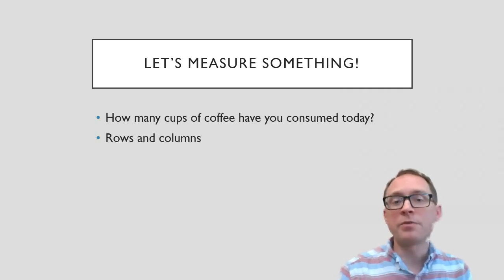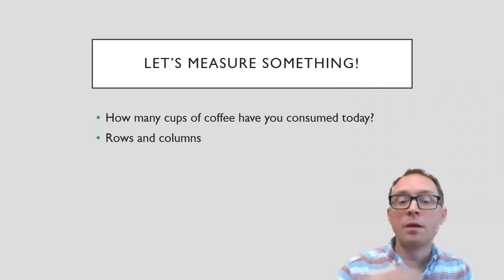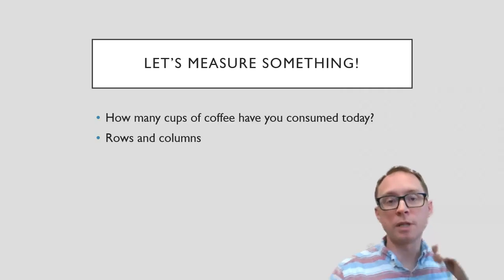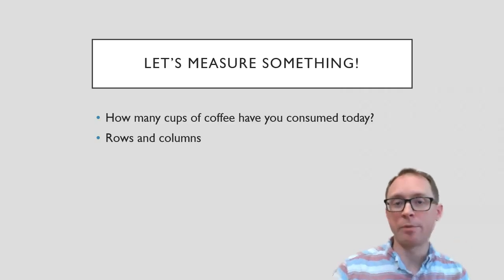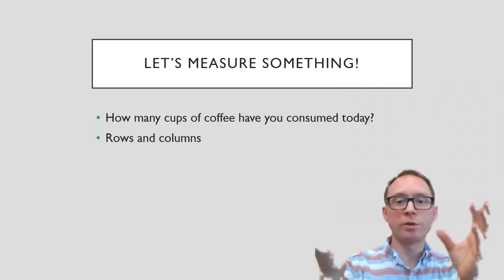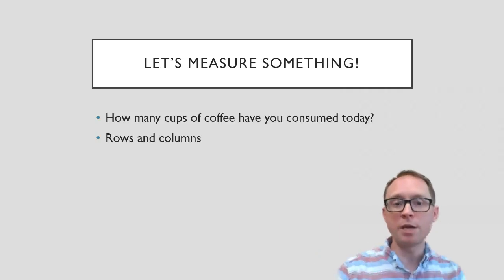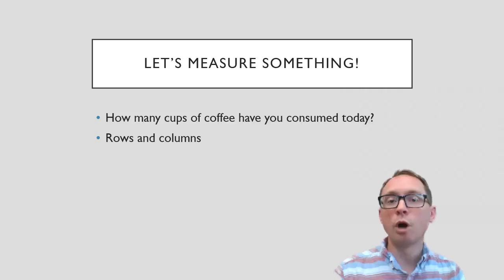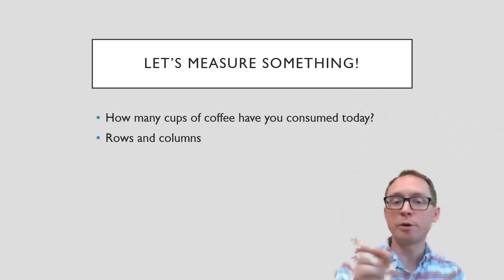So let's go ahead and measure something. How many cups of coffee have you consumed today? When we measure this, let's say that the people in this class are the sample. What we would do as researchers is collect all the data from all the different people, and create a table out of it, a spreadsheet kind of thing. Each row would be a different person, and each column would be a different variable.